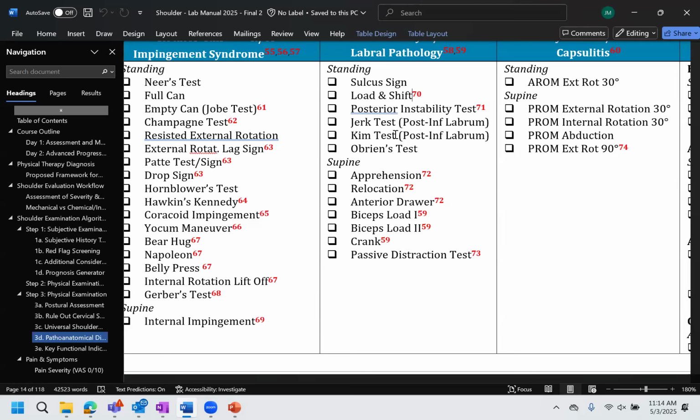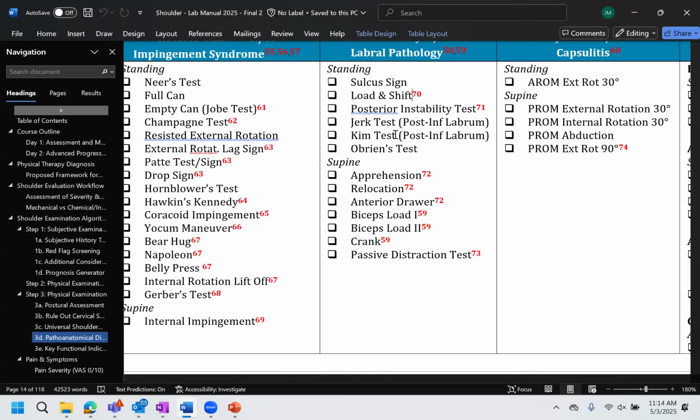Then I'm going to passively go into external rotation. If indeed this is a positive test, they will often describe a pinching or concordant symptom on the posterior aspect of their shoulder.